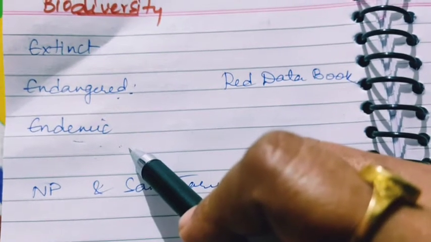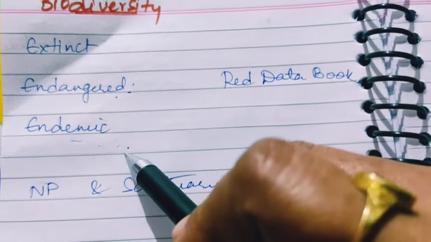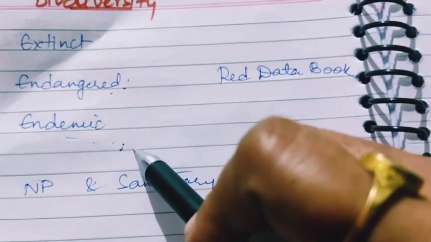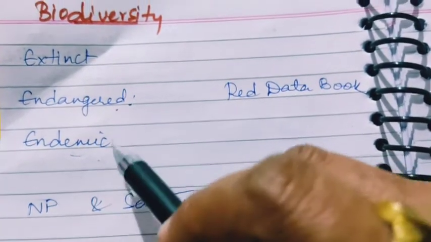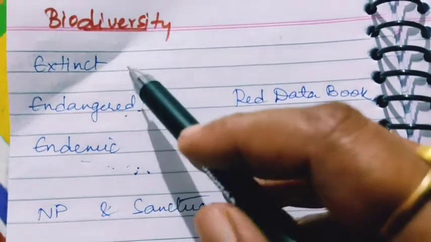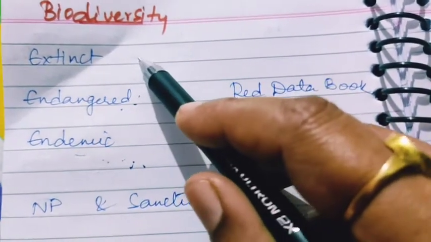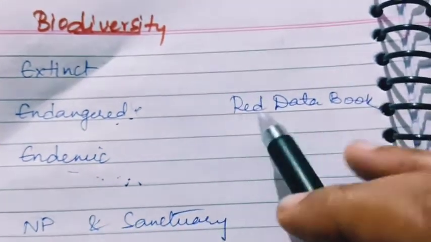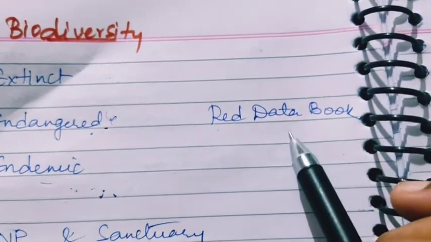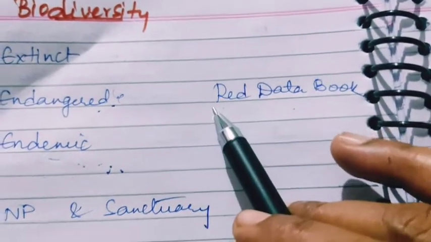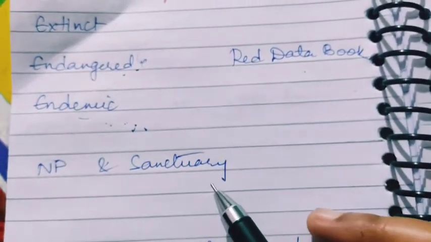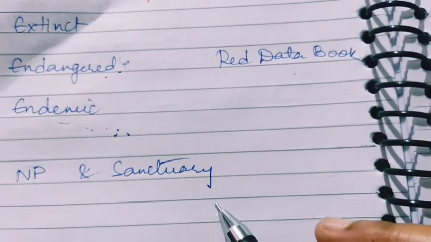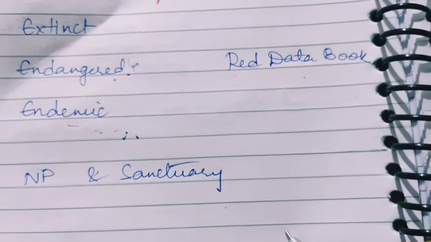For example, kiwis in New Zealand and kangaroos in Australia. So these are endemic species. The detailed information about extinct and endangered species you can find in the Red Data book or Red Data list. And national parks and sanctuaries are the places for conserving wildlife.